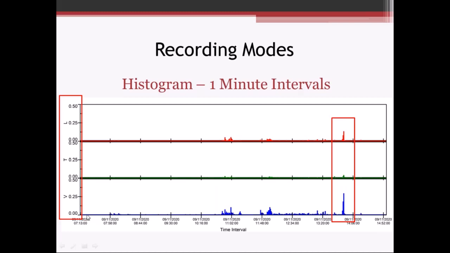This is our histogram interval, and these are 1 minute intervals. So we've got data along here every minute, right up until just about 3 o'clock. Again, looking at the scales, here's our longitudinal, L for longitudinal, transverse, vertical, and our scale goes up to about 1/2 inch per second. So this value over here, we're talking somewhere around 0.3 inches per second.